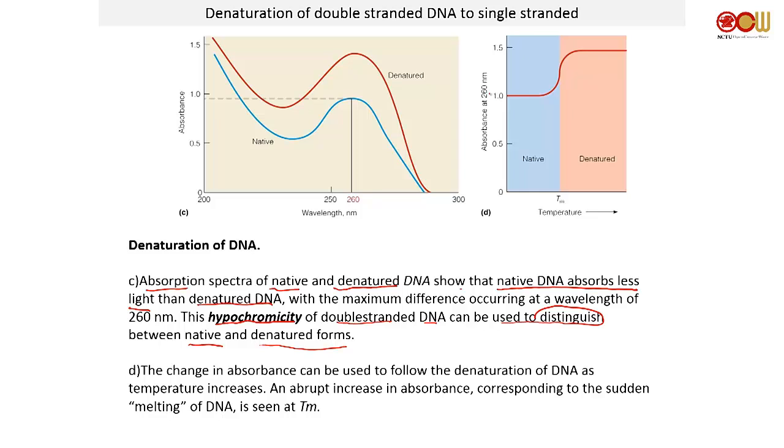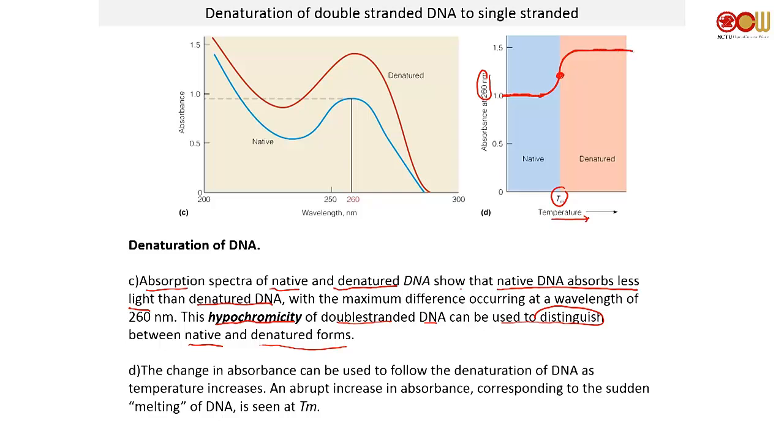So what I can do is I look at wavelength at 260 nanometers, and let's say initially the absorbance is equal to 1. I just adjust it so that the beginning absorbance is equal to 1. Then I start to heat up my sample. Usually heating does not affect your absorbance until you get close to TM, where you see a sharp increase in absorbance and then it stops.